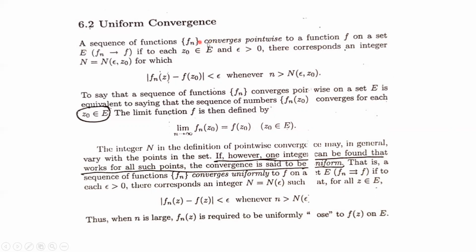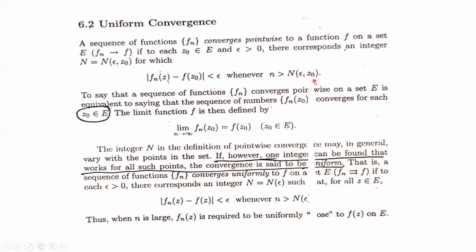So this sequence of functions is said to converge pointwise to a function f on a set E, and we write it as f_n tends to f, if for each z naught in E and epsilon greater than 0, there corresponds an integer N, which depends on both epsilon and z naught, for which modulus of f_n(z naught) minus f(z naught) is less than epsilon whenever n is greater than or equal to this natural number N, which depends on both epsilon and z naught.